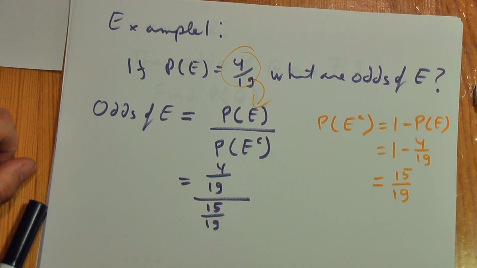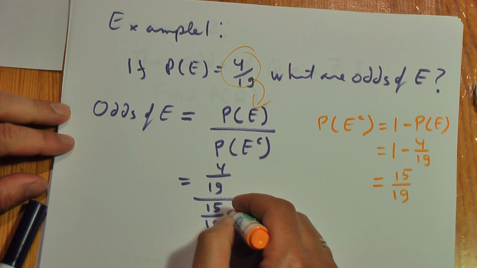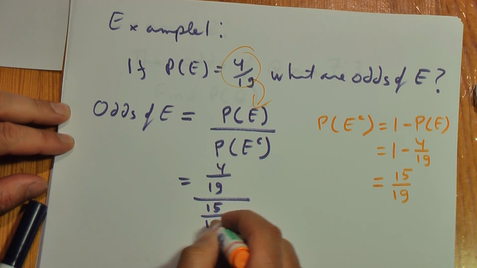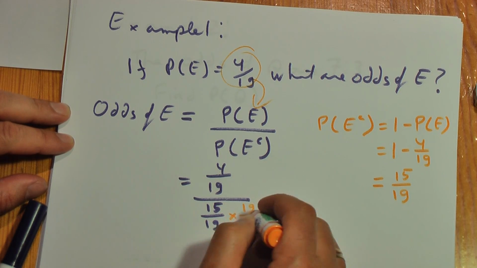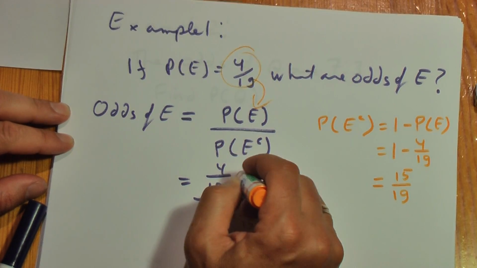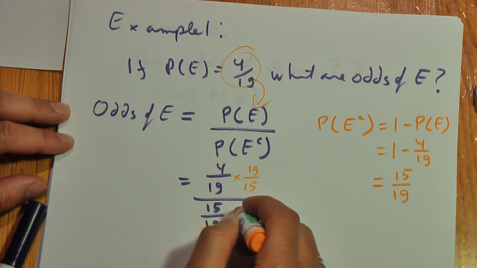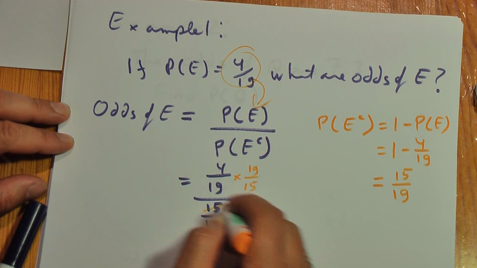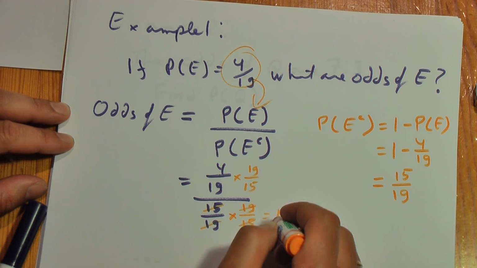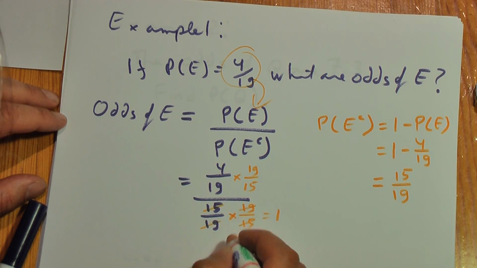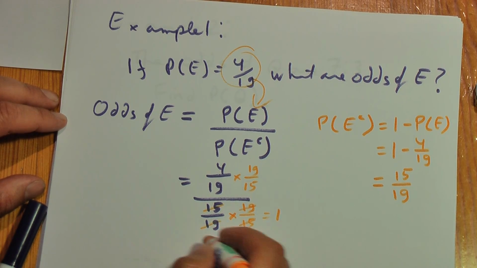Back to fractions. If you don't have your fractions down pat, you're going to have trouble in here. I'm going to multiply by 19 over 15. The reason I'm doing that is because I want to change this denominator to equal 1. It'll disappear, and here, this becomes the answer.